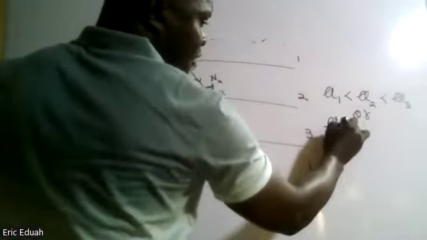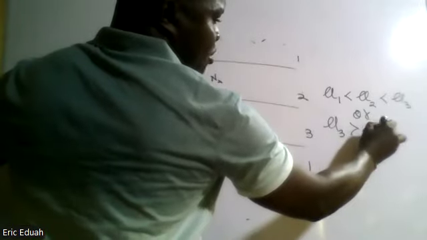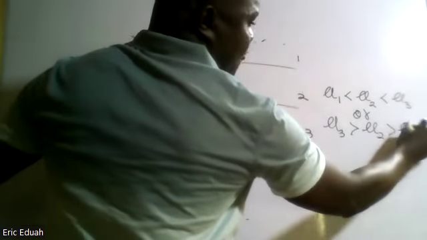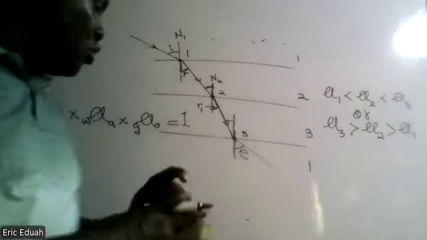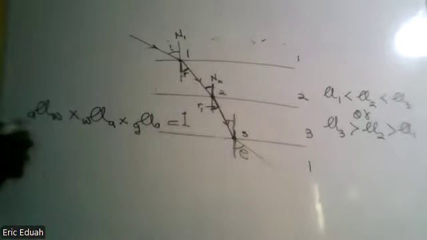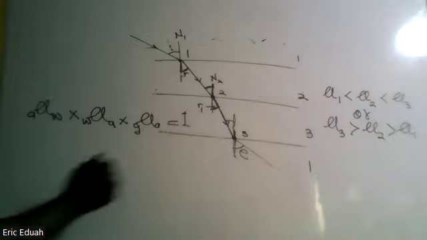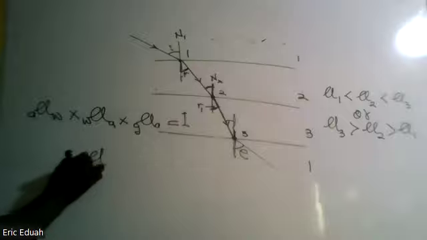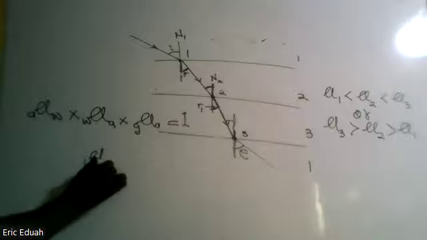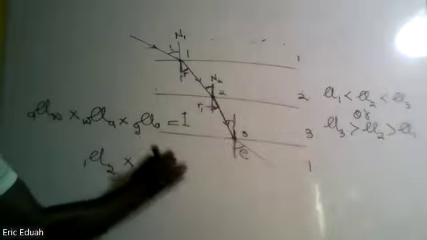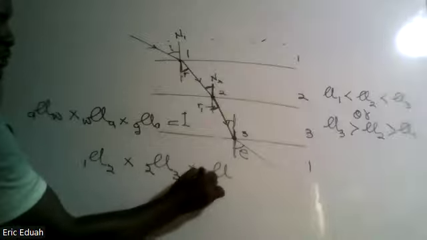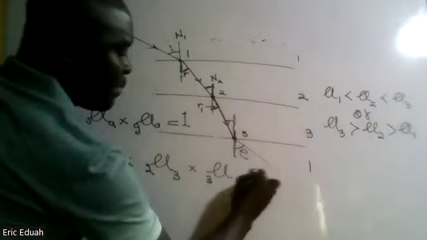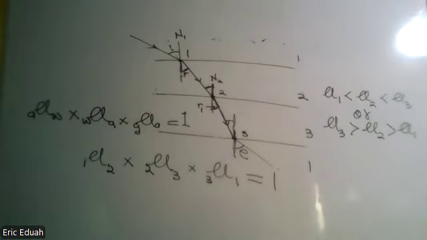Or mu of 3 must be greater than mu of 2, greater than mu of 1. Meaning, if you don't follow the order, the rule or formula won't work. So if it's the case, then the refractive index of 1 to 2 times 2 to 3 times 3 to 1, the product must be equal to 1.